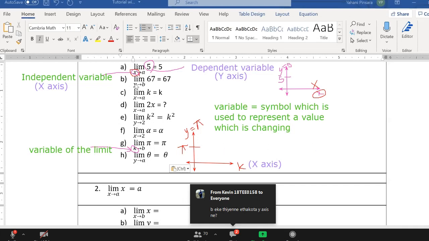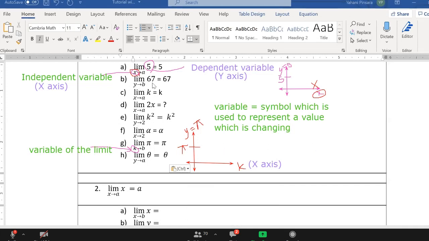Y axis, no. Here what happens is, if we take this B, this is the independent variable, y is the independent variable, and 67 is the dependent variable.